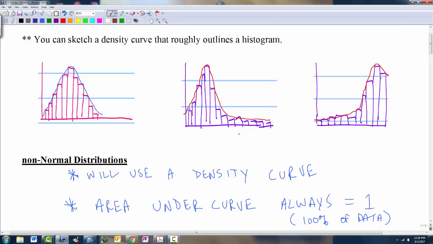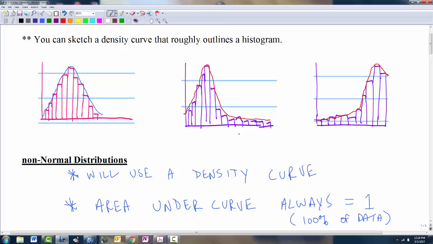Non-normal distributions, which we don't know the difference yet, so just hold off, use a density curve to represent all of the data. And if we're dealing with all of the data, all of it would be 100%, so the area under the curve represents all of that data.